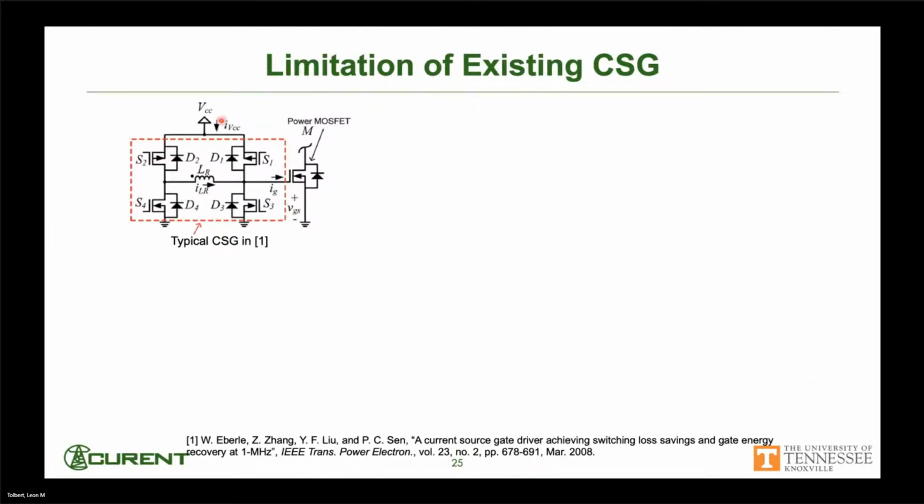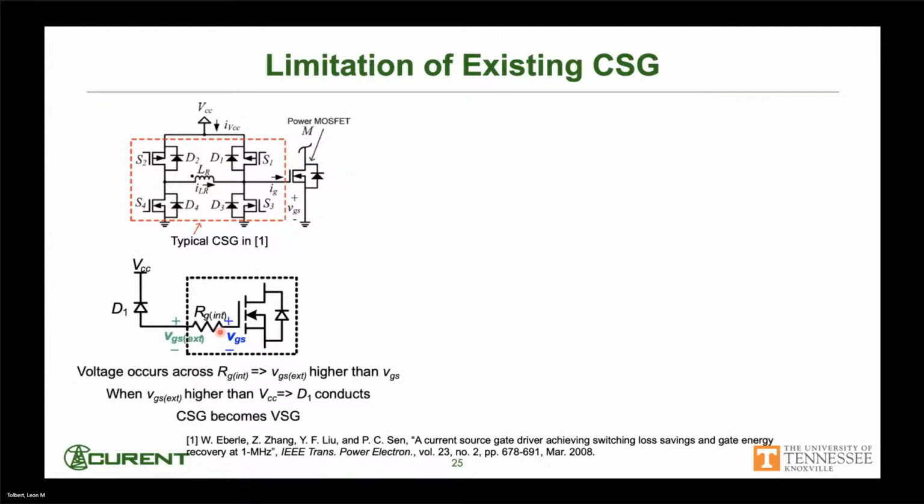This is then showing a current source gate drive, basically a full bridge converter with inductance here in the middle to serve as your current source. The reference for this is down here at the bottom. And again, this voltage here is going to end up being limited even when we use a current source gate drive.